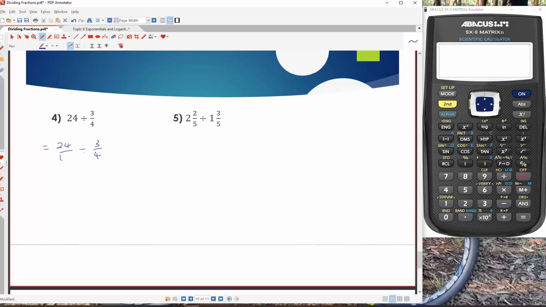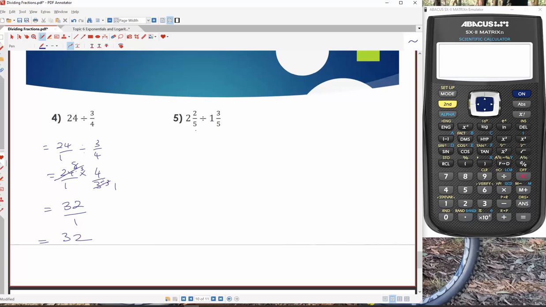Dividing this by 3/4 is the same as 24 over 1 multiplied by 4 over 3. Now that goes divide by 3, divide by 3. That goes once, that goes 8 times. 8 times 4, 32 over 1, best written as 32.